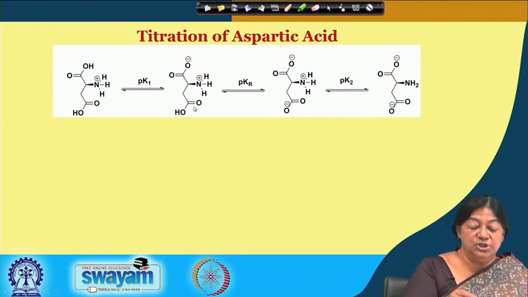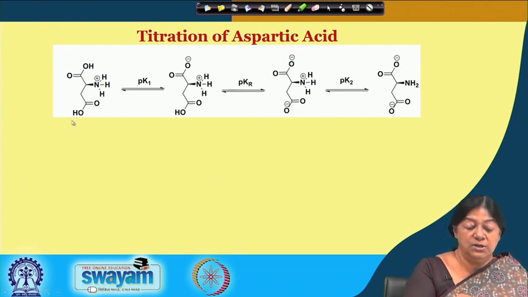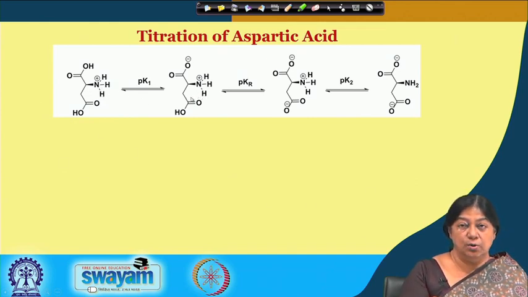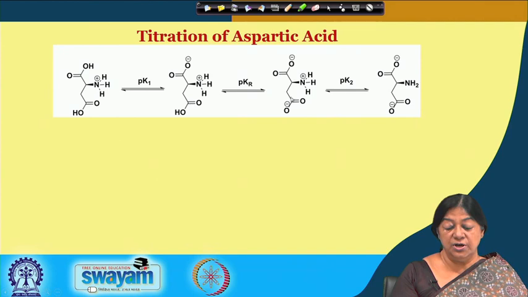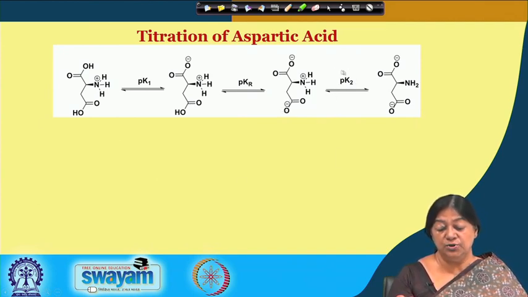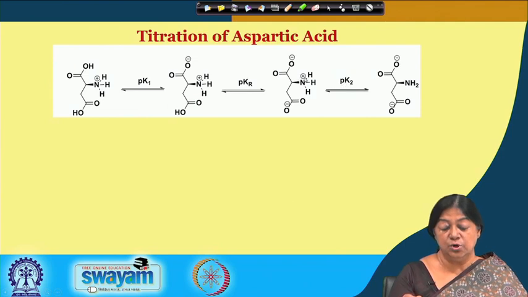Now, let us look at the charges. What do we have here? The total charge here is +1, the charge here is 0, the charge here is -1, and the charge here, the pK2 corresponds to what? It is going to correspond to the loss of this proton, which means that now we have NH2 and the charge here is -2.